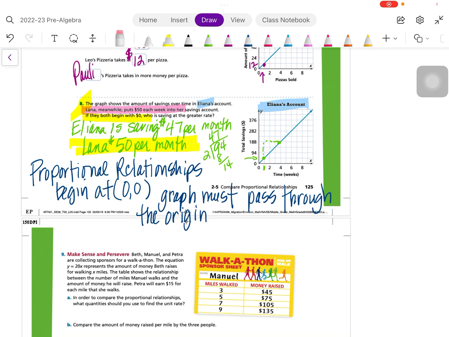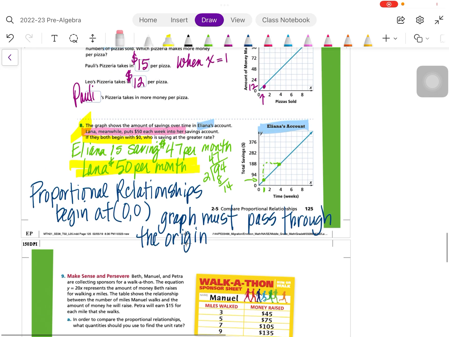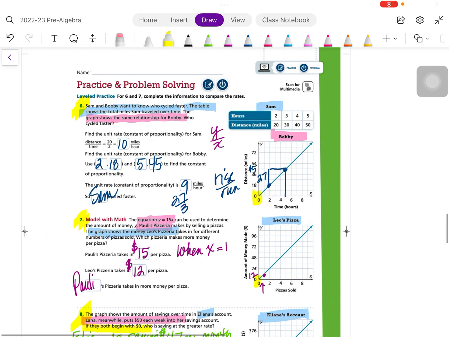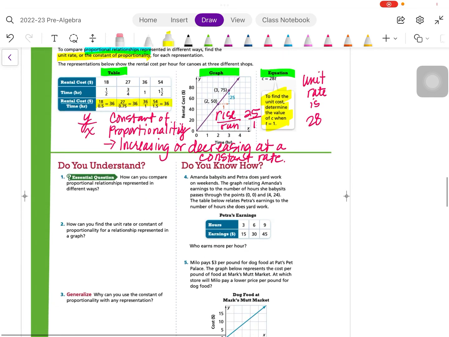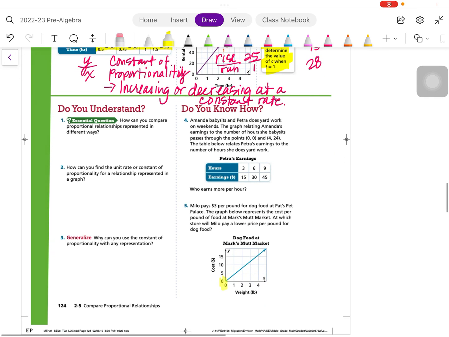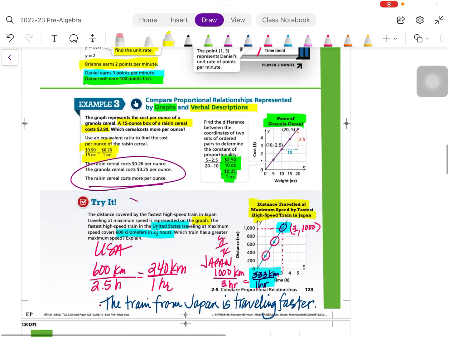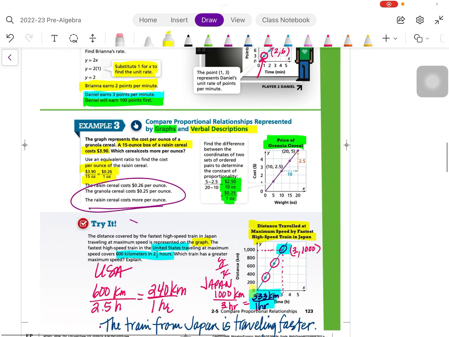So now that we've looked at a whole bunch of graphs in these notes, if you backtrack, look at every single one of the graphs we've looked at intersects right here at the origin. Every single one of them. Keep going back in all of our notes. 0, 0. This graph intersects at 0, 0. This graph intersects at 0, 0.